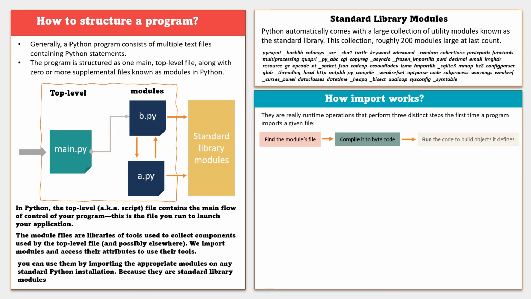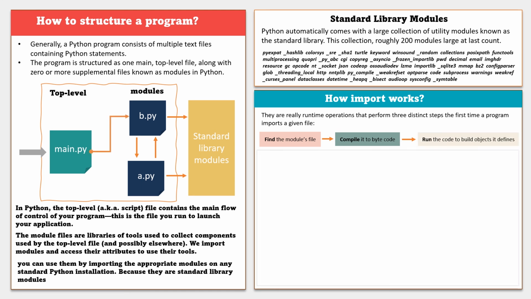Any assignments made to names during this step generate attributes of the resulting module object. So in this execution step, it generates all the tools that the module's code defines. For instance, def statements in a file are run at import time to create functions and assign attributes within the module to those functions. The functions can then be called later in the program by the file's importers.